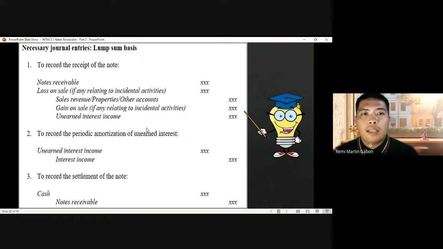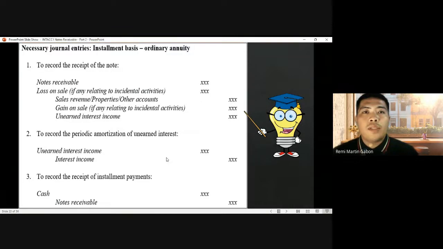Okay, unearned interest income. Then to record the periodic amortization of unearned interest, we debit unearned interest and credit interest income. Then to record settlement of the note, we debit cash and credit notes receivable. Then the amount that we're going to post is the entire amount of the face value. For installment basis, that is under ordinary annuity, the same entry to record the receipt.